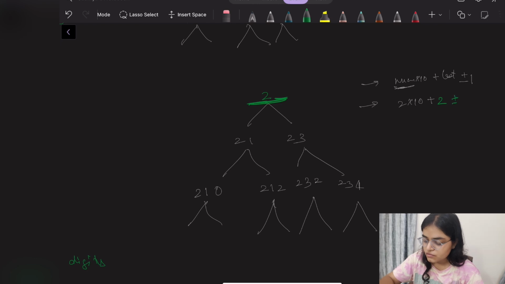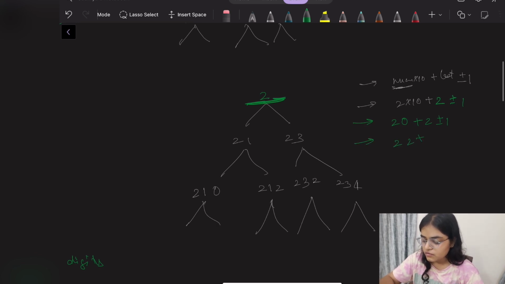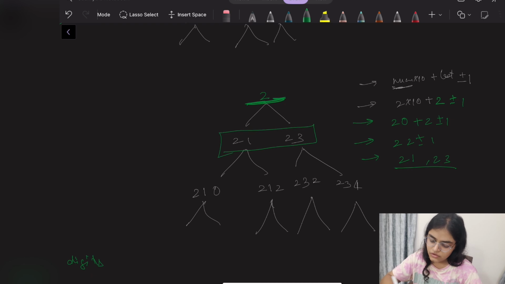So it will be 20 plus 2 plus minus 1, that is 22 plus minus 1, so 21 and 23. Here we got it.